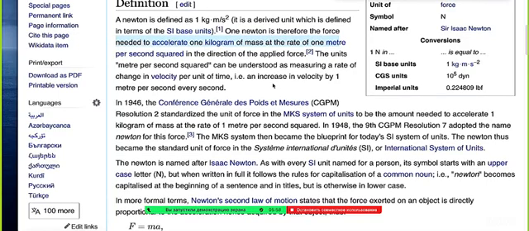So if you take a backpack that is 1 kilo, and you push it, and for a moment it moves at a speed of 1 meter per second, that means you just applied 1 Newton of force.